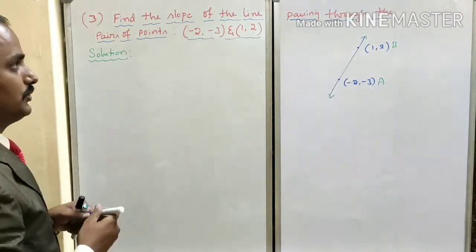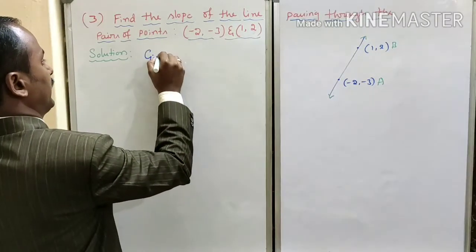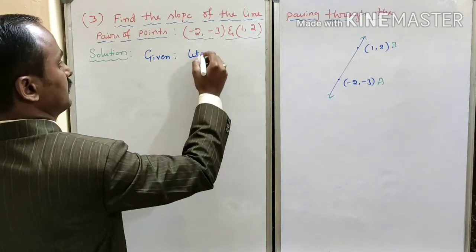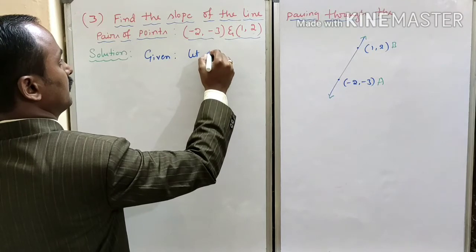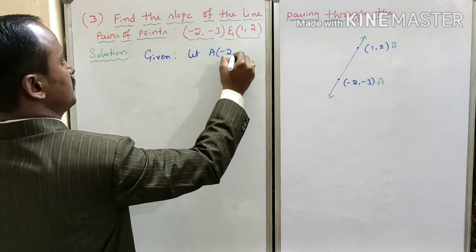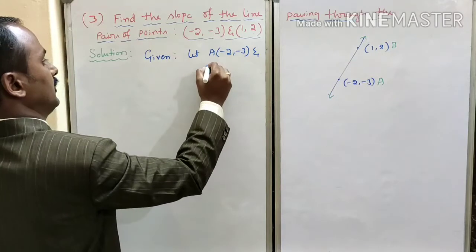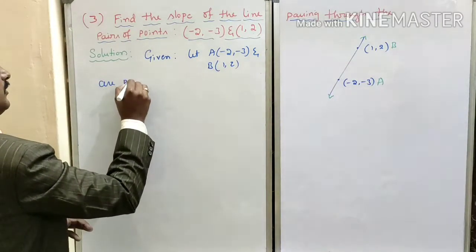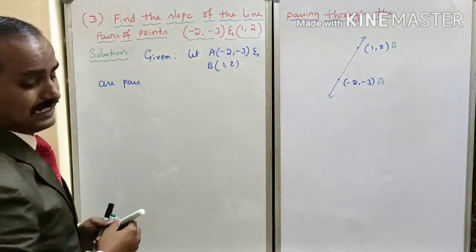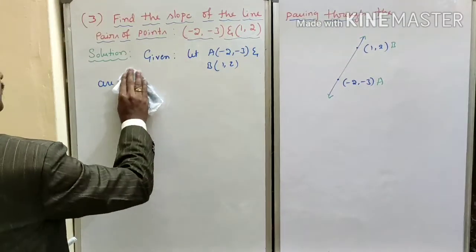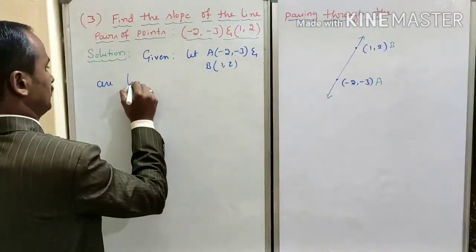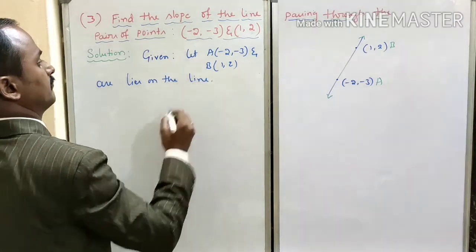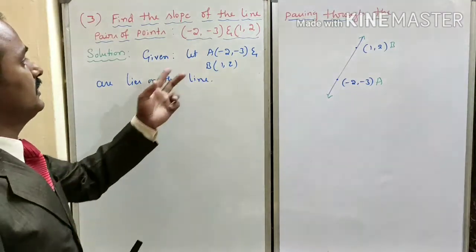What is the formula? You know that. Given: let A (-2, -3) and point B (1, 2) lie on the line, or the line passes through these 2 points.